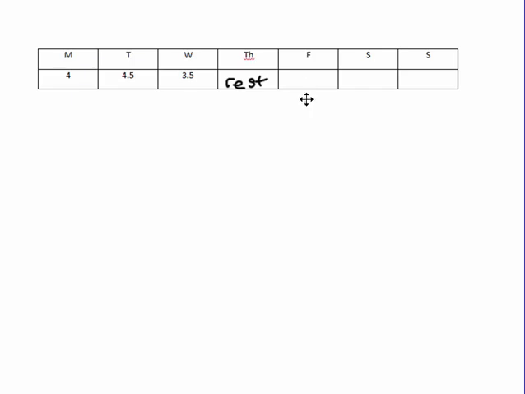And then they have 1, 2, 3 days left. There are 3 days left in order to get the rest of those 30 together. So we want to write an equation that would model this scenario. Now, the total amount of miles that they want to run is 30 miles that week.